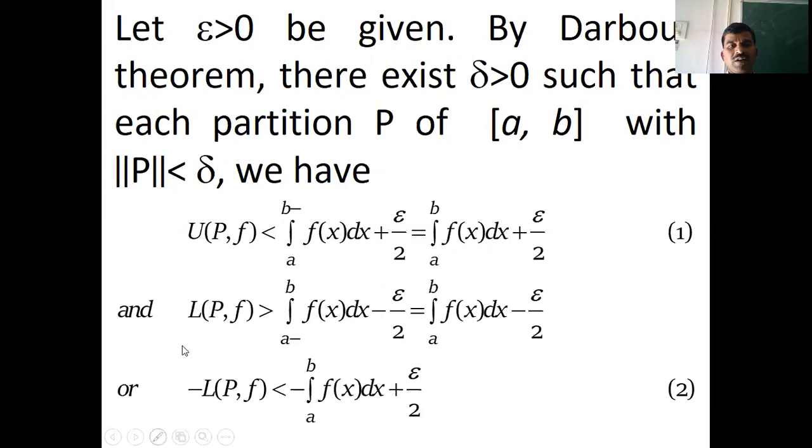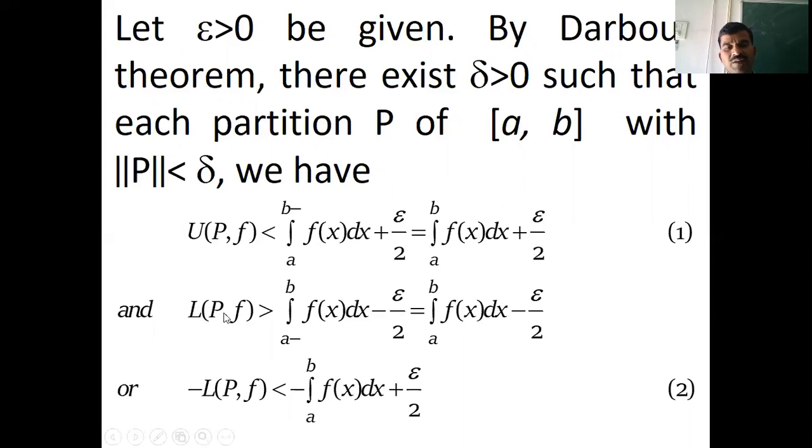we have by the Darboux theorem that the upper sum is less than the upper integral plus epsilon by 2.